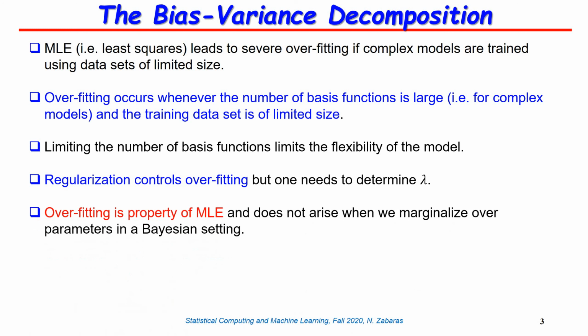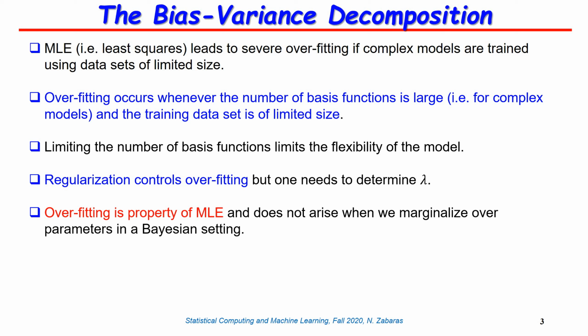And so today we will go a little bit deeper in that analysis and discuss this bias variance decomposition. Since the Bayesian analysis is going to wait for another lecture, let me just say that in the context of doing Bayesian analysis, none of these issues of m greater than n leading to overfitting is present.